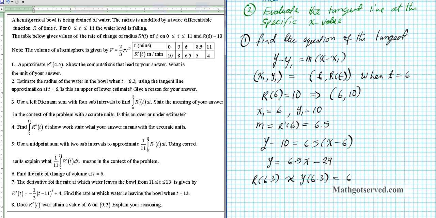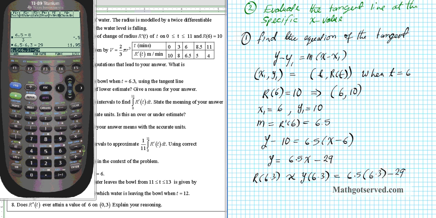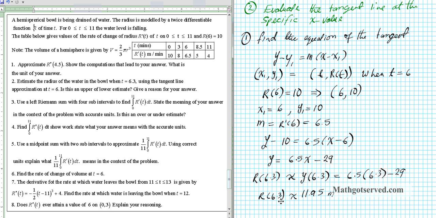So it's going to be 6.5 times 6.3 minus 29. Let's plug that in our calculator. When you plug into your calculator, you get 11.95. So r of 6.3 is approximately 11.95, and the unit is basically meters for the radius. So that's the radius when the time was 6.3.